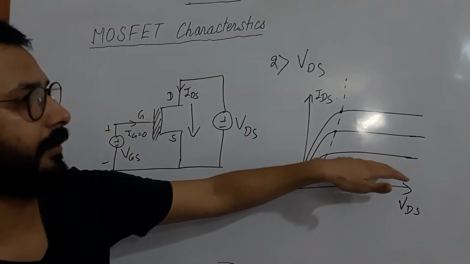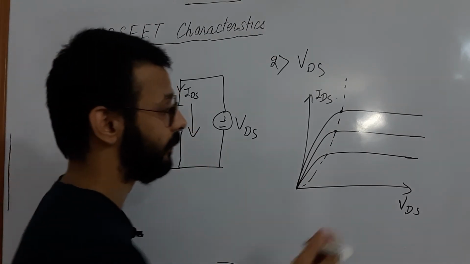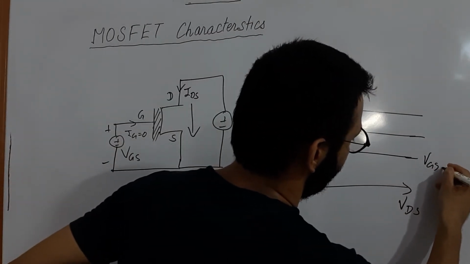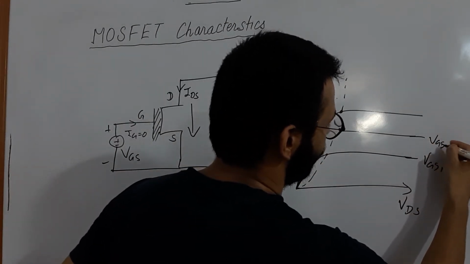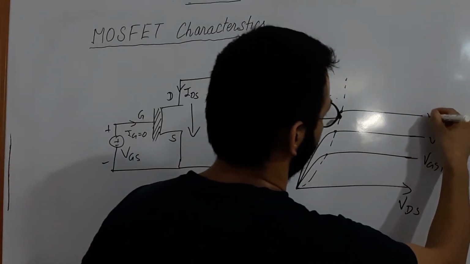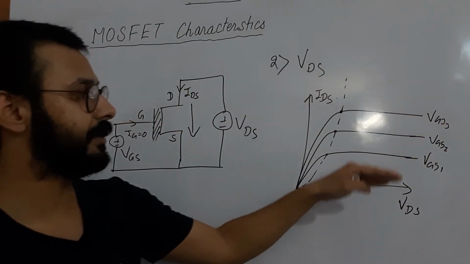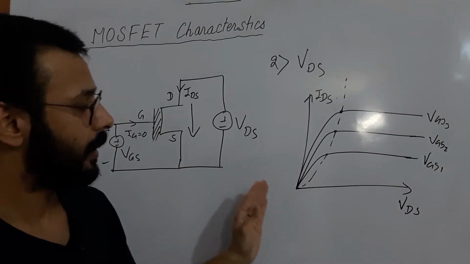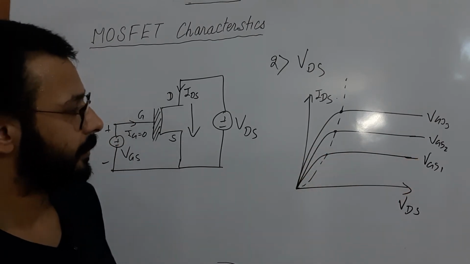Actually I made 3 lines for the different VGS values. For VGS1, this will be the curve. For VGS2, this will be the curve, and for VGS3, this will be. So based on the VGS value, ID will draw the curve, right?